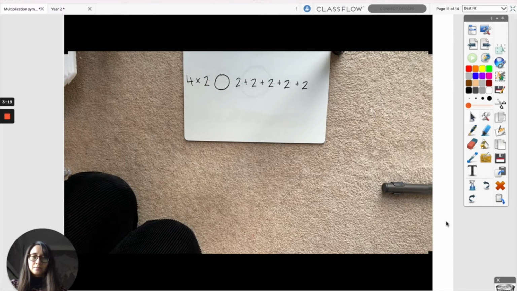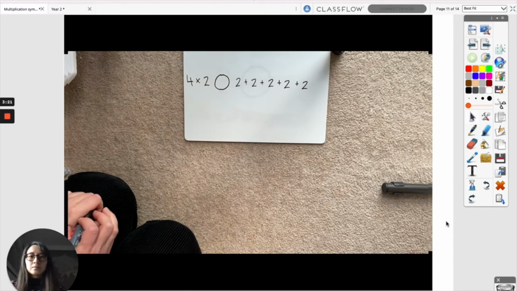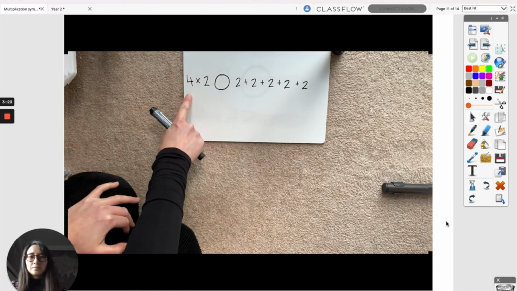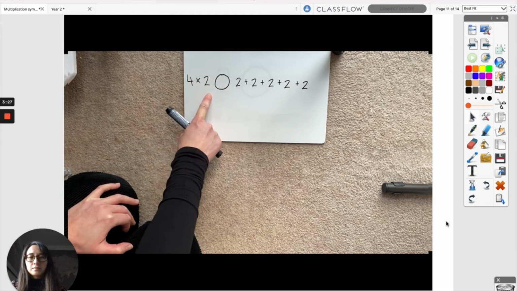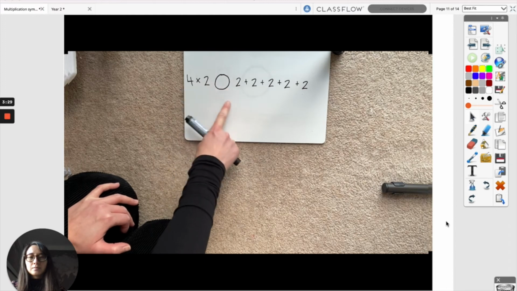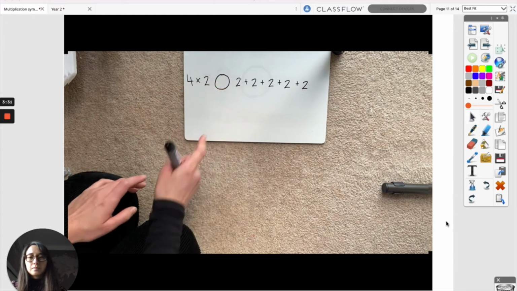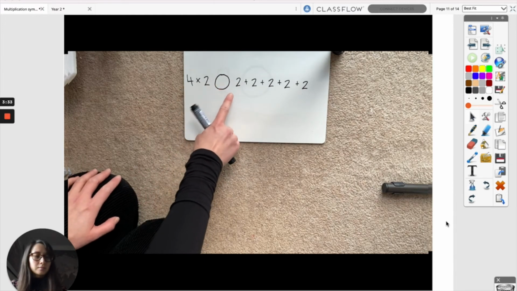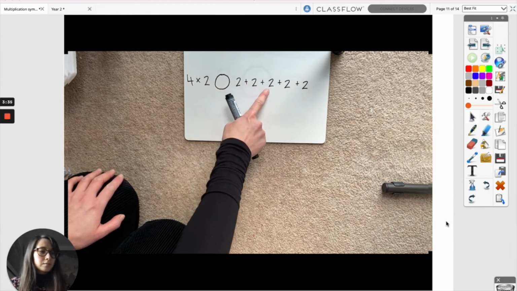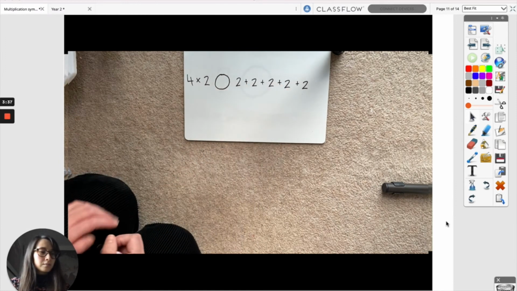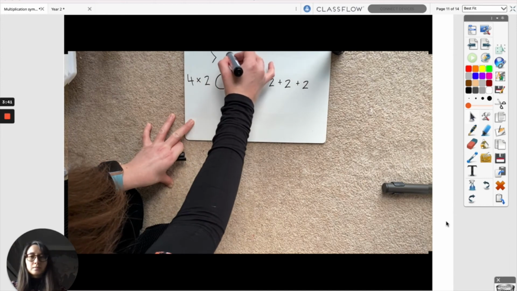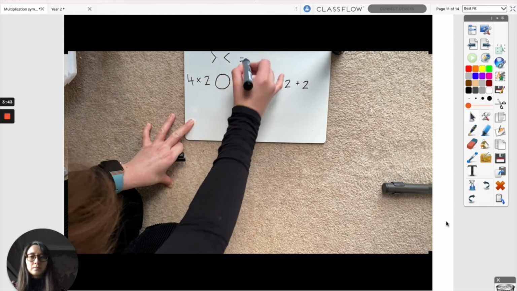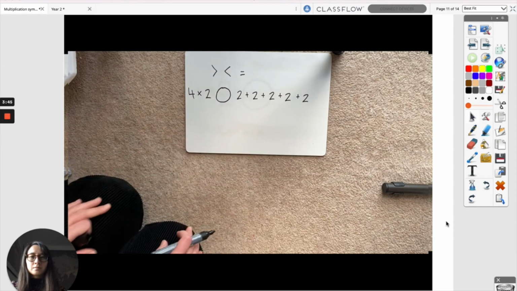This is an example question for the challenge question. So here I've got 4 groups of 2. 4 times 2 is, we don't know if it's greater than, less than, or equal to 2 plus 2 plus 2 plus 2 plus 2. So we want to know if we're going to use this symbol, or this symbol.